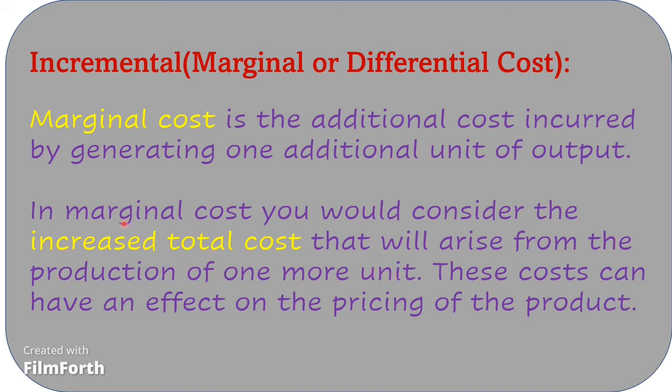Here, emphasis should be on increased total cost. These costs can have an effect on the pricing of the product. Now, let's work out an example of incremental cost. That will make the concept easy, and it's very, very important that you, in decision-making questions or scenarios, know the concept of relevant, irrelevant cost, incremental cost, everything very clearly.